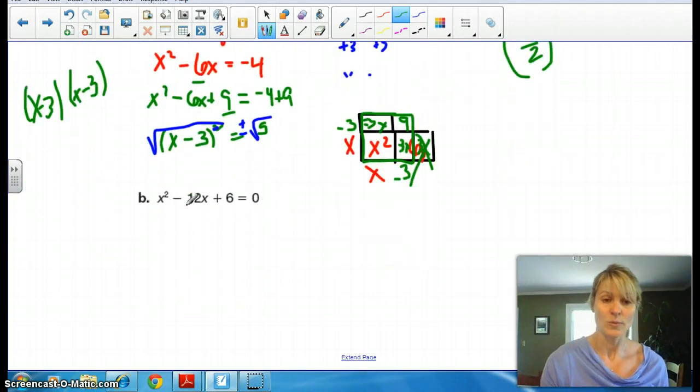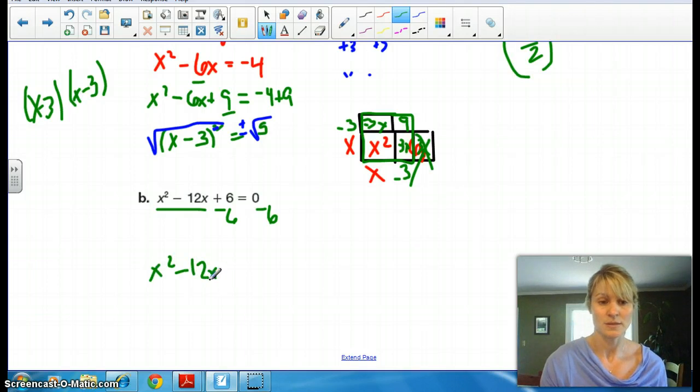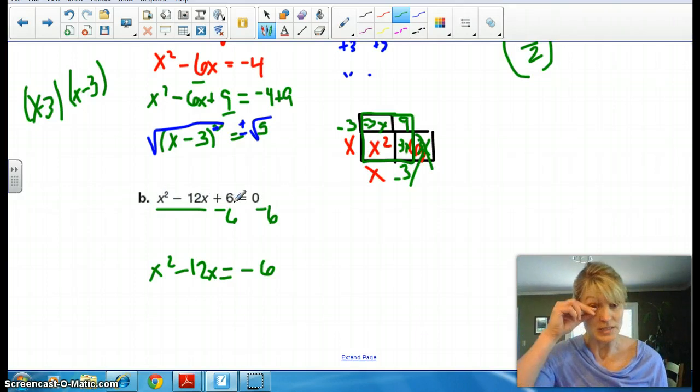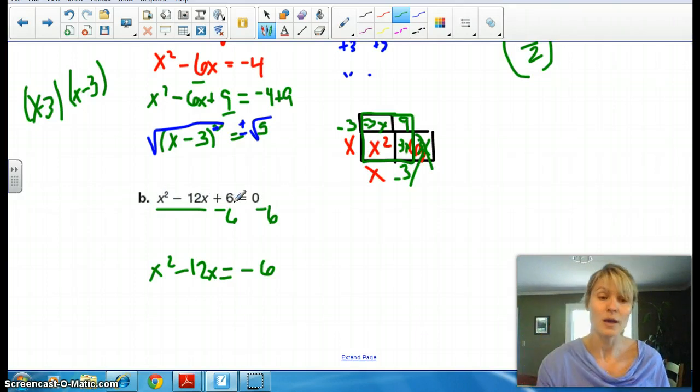Here again, we just want to complete the square. So we want just that left, so we want to subtract the 6 over. So now we'll have x squared minus 12x equals negative 6. Now the reason we want to move this over is because as it is right now, x squared minus 12x plus 6 is not a factorable equation.